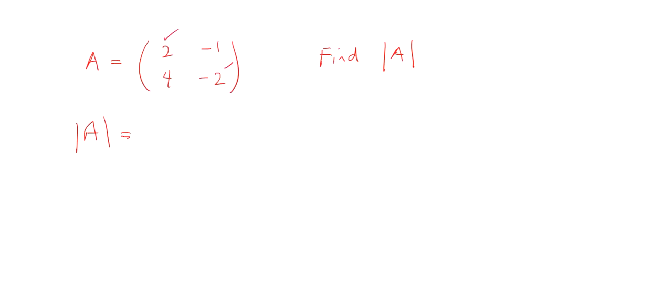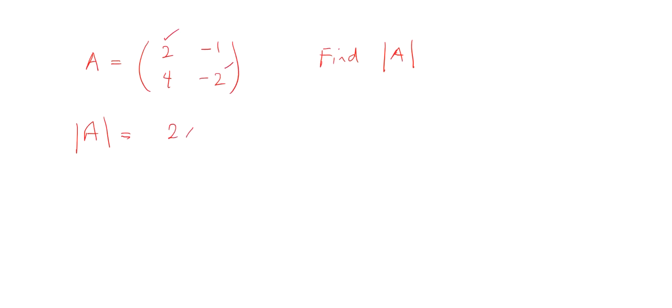Let's say we have a matrix A and it is given by 2, minus 1, 4, minus 2. And I ask you to find, remember what this means? This is determinant. So the determinant of A is given by AD minus BC, which is going to take this and multiply by this first.